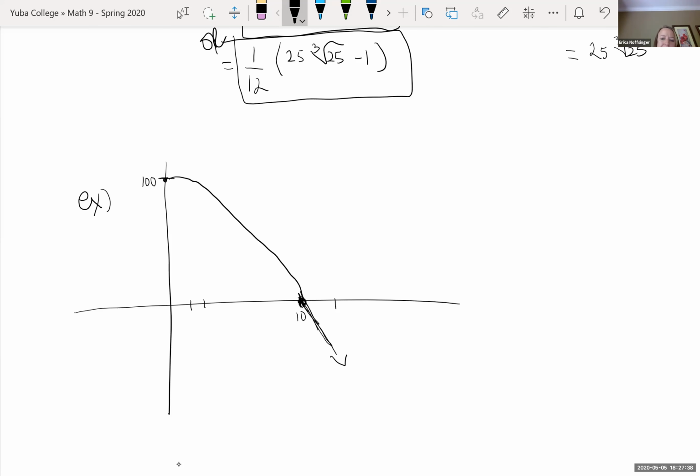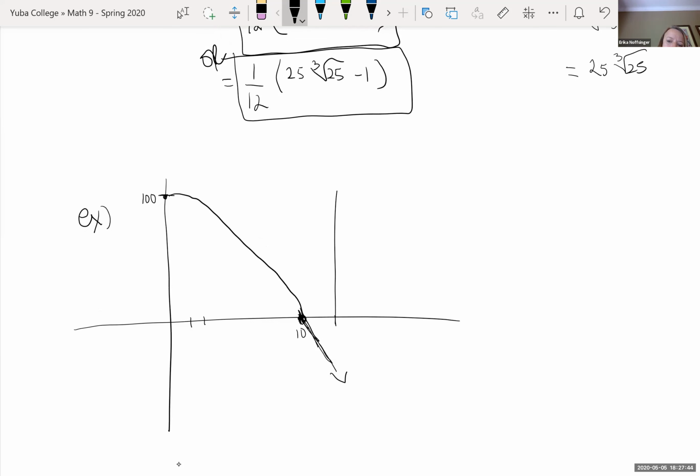And it wants you to find the area between the curve. So they want you to find this area. And they tell you that y, your function, is equal to 100 minus x squared.